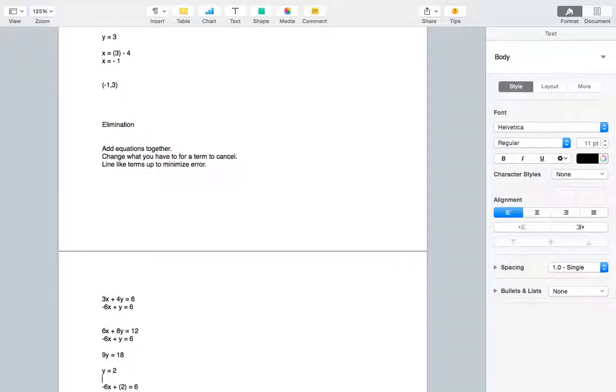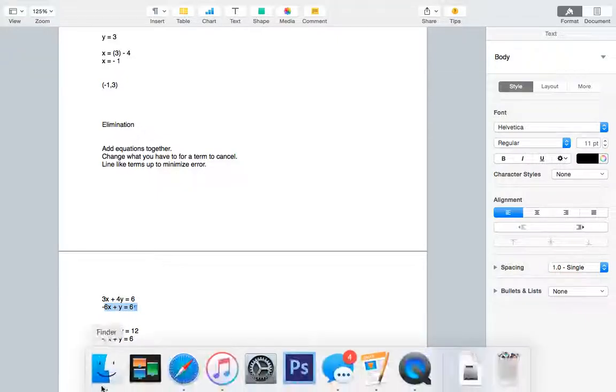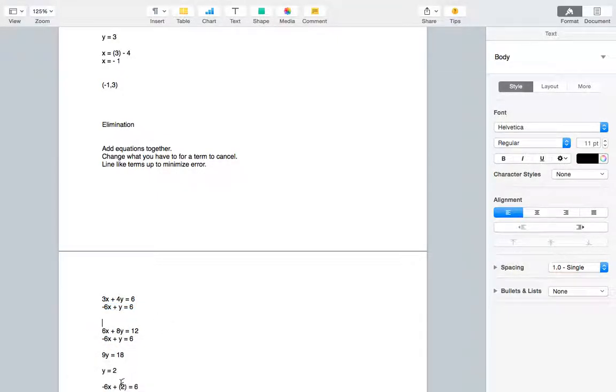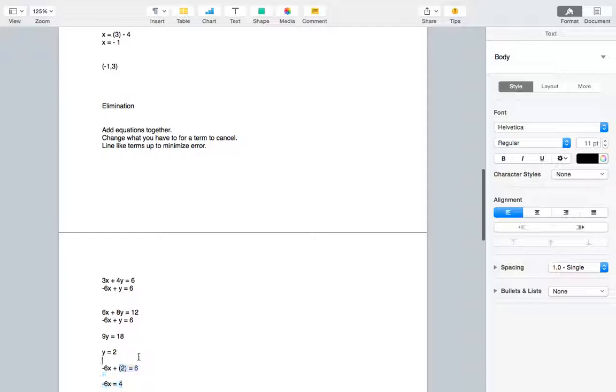Now, moving forward. Get that 2 and substitute it into either one of the equations to get x. So substituting this into this. Sorry, -6x plus 2 equals 6, and you move this to the other side to isolate for x.